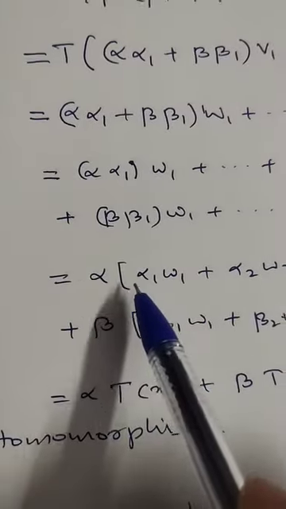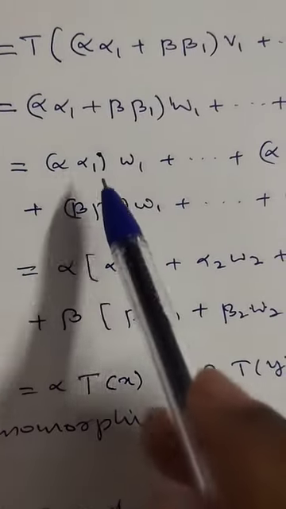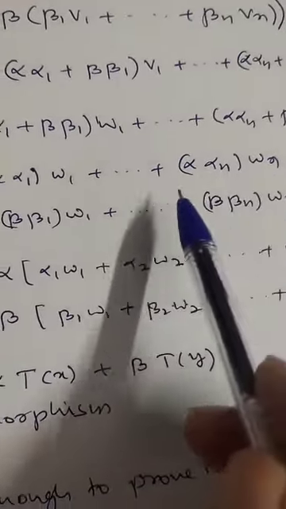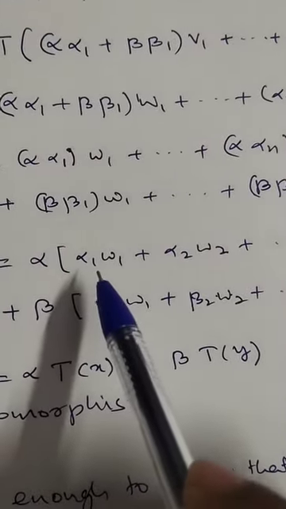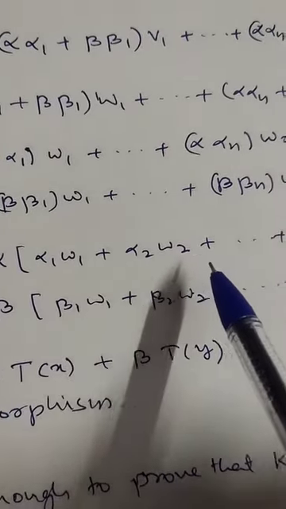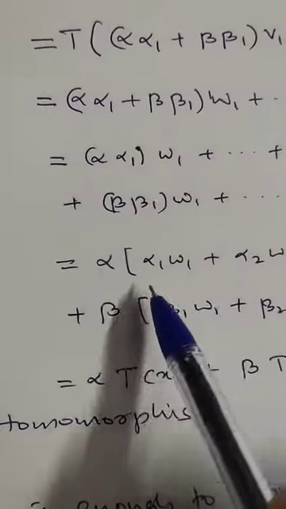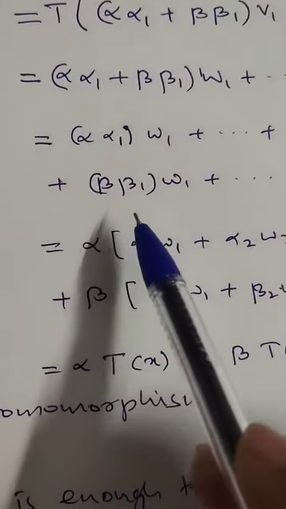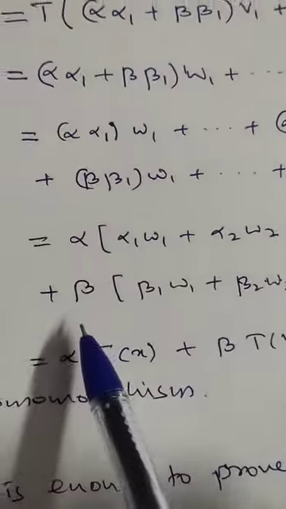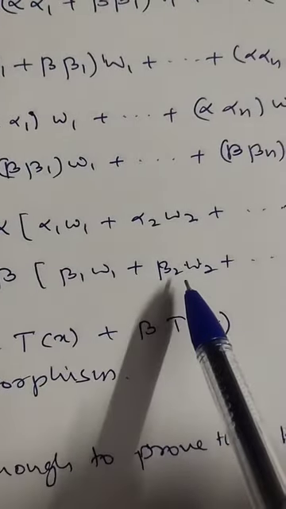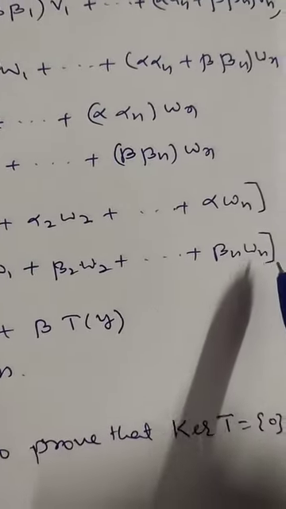So I write the remaining terms. Alpha is common in the first n terms, so I take alpha as common. The remaining terms are alpha 1 w1, alpha 2 w2, etc., alpha n wn. Again beta I will take as a common factor in the second n terms: beta 1 w1, beta 2 w2, etc., beta n wn.